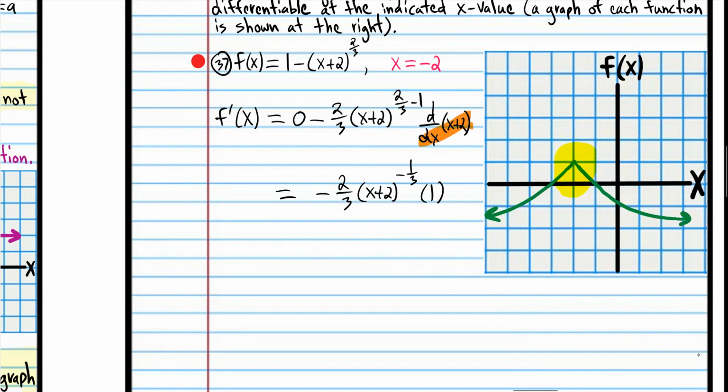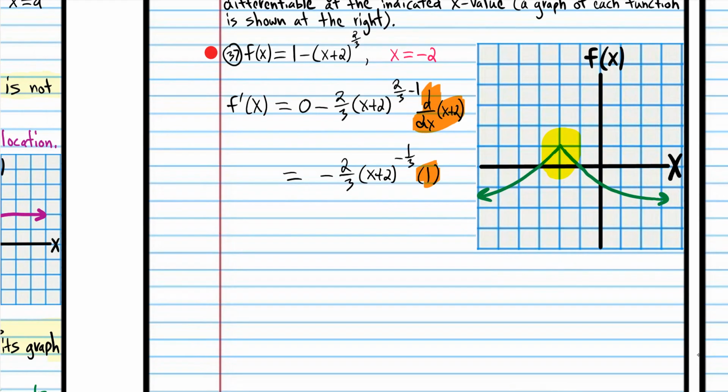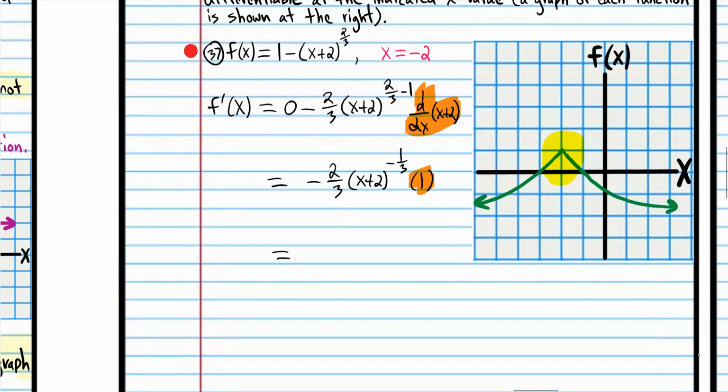So I just want to make it clear that that turned into 1 there. Okay, but we don't really know what this expression means. We don't really know what this means at all, because we have a negative exponent and a fraction exponent. That doesn't really have any direct meaning. So we're going to get rid of the negative exponent, or we're going to convert it to a positive exponent.